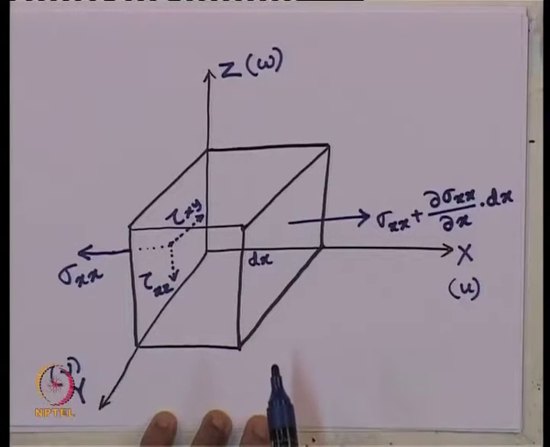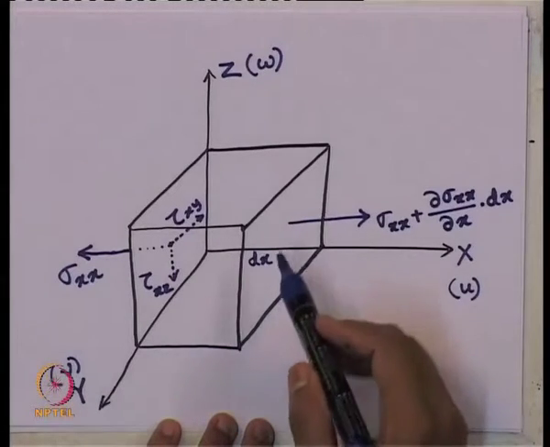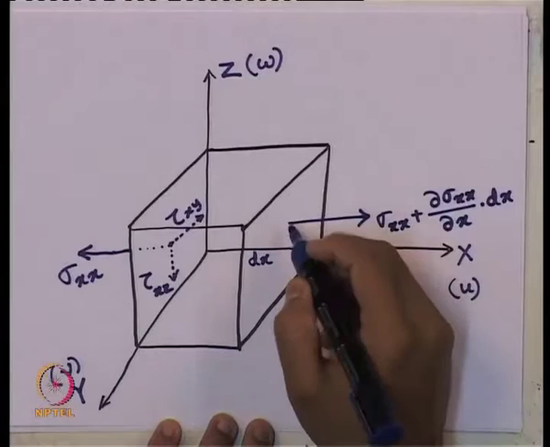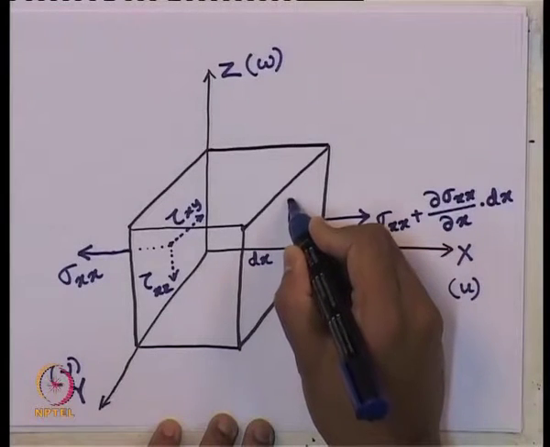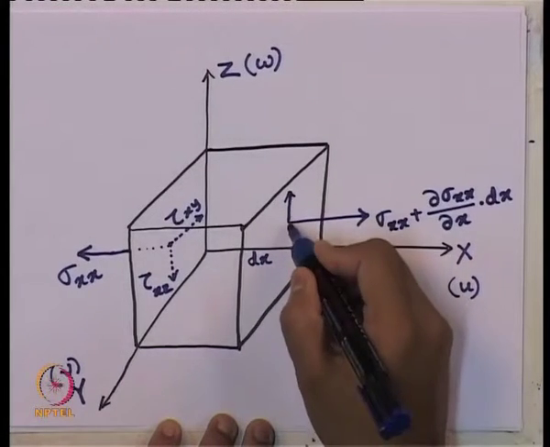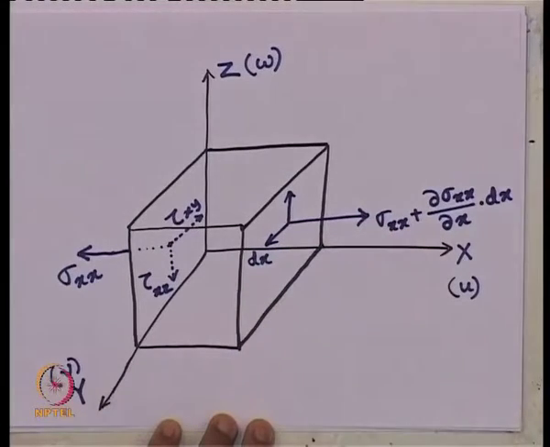What about the shear stresses? To keep equilibrium, the direction of shear stresses should be opposite: this one vertically up, this one towards this direction.